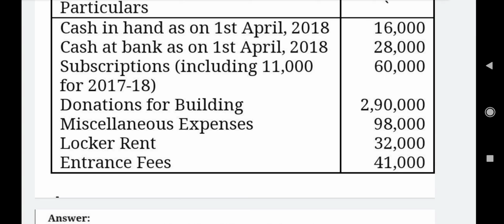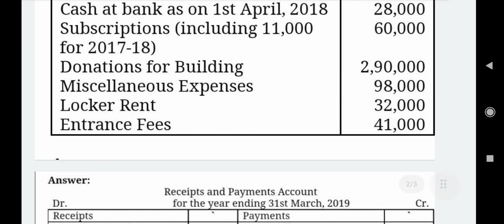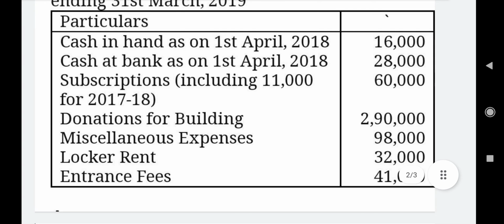The subscriptions, including 11,000 for 2017-18, total 60,000. Donations for building, 2,90,000. Miscellaneous expenses 98,000. Locker rent 32,000. Entrance fees 41,000. Now see the solution for that.